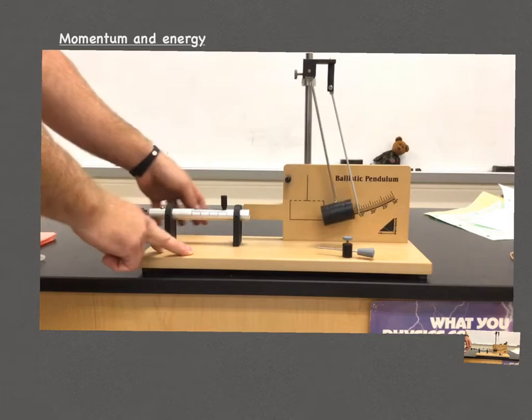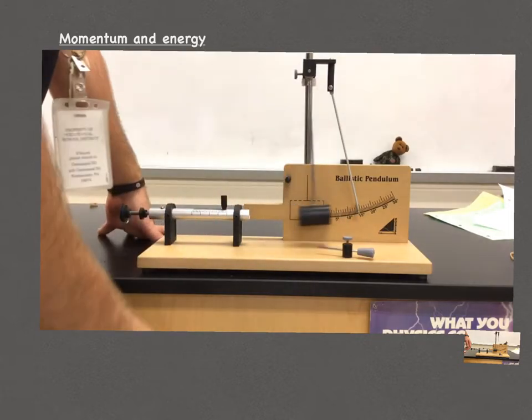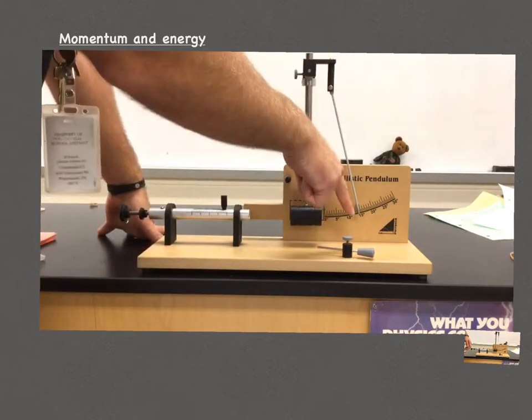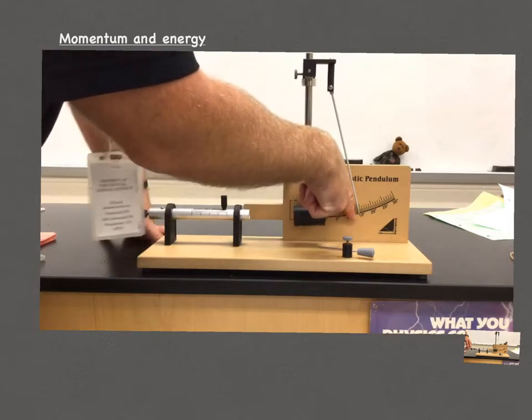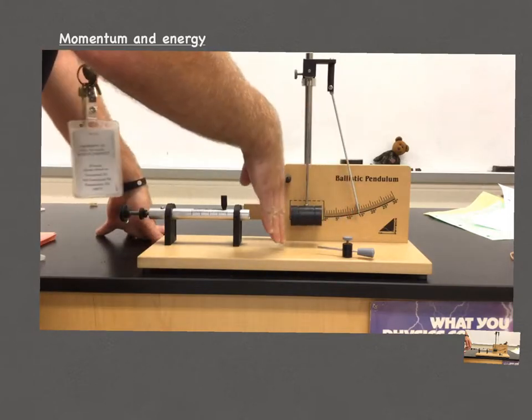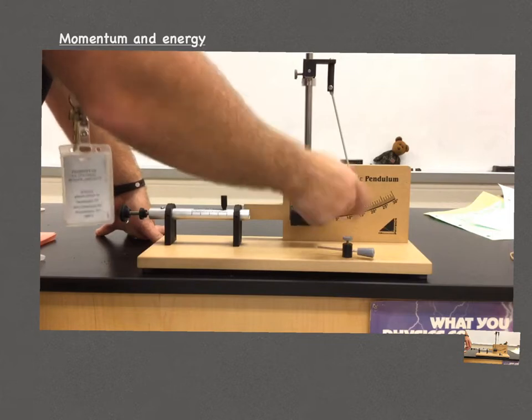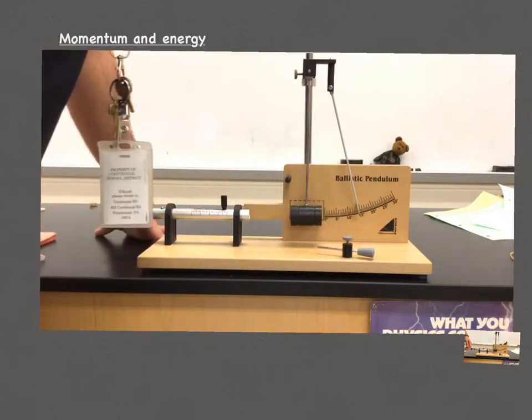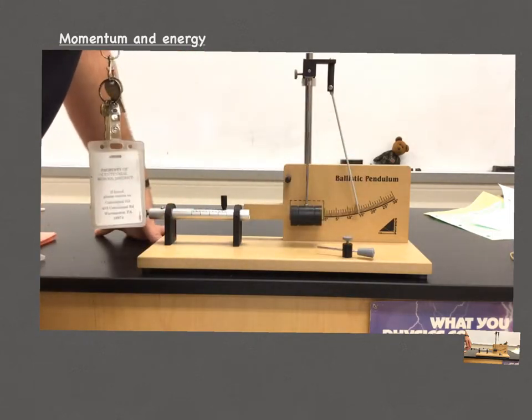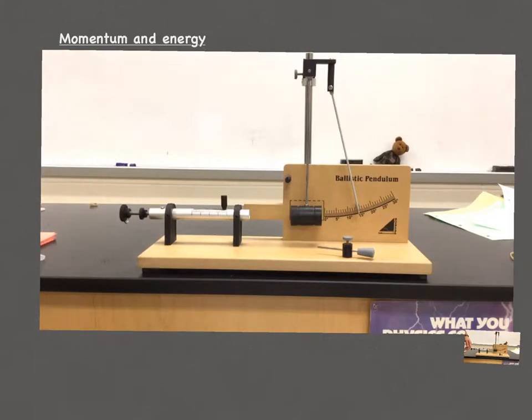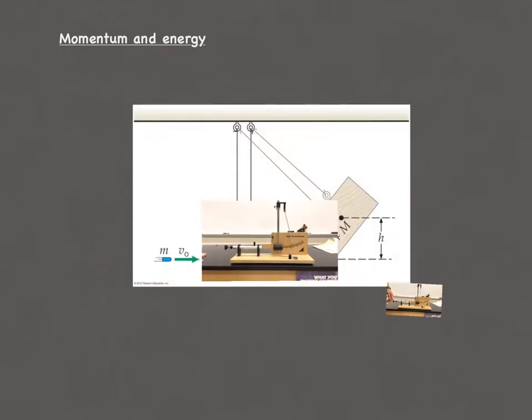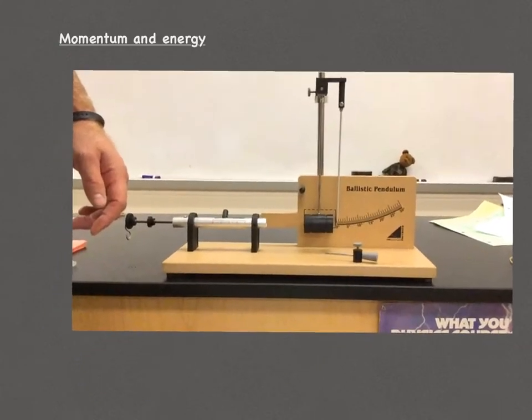All right, so you can see that the marble is stuck inside the block. We have a measurement of the angle that this rose up into the air, and we therefore can figure out what the change in height is. Just in slow motion.